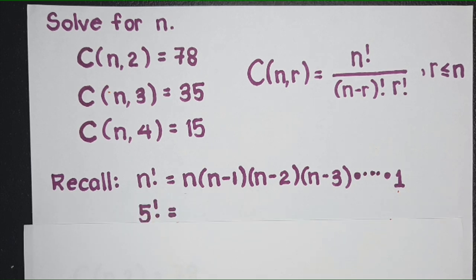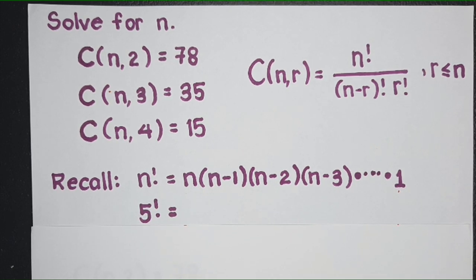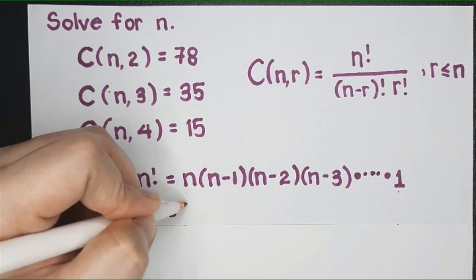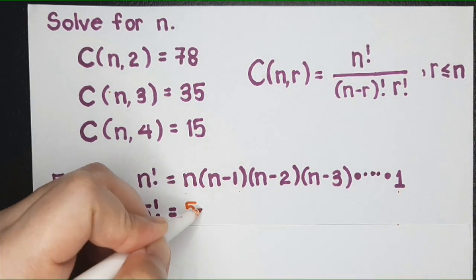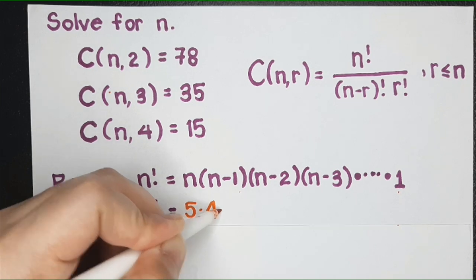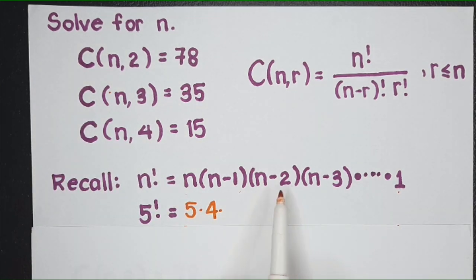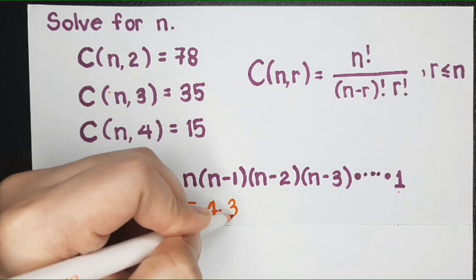For example, you have 5 factorial here. Kaya siya naging 5, 4, 3, 2, 1. Kasi tingnan nyo. Diba? N is 5. So, I'm going to write 5 here. Tapos, sabi sa sunod, 5 minus 1. So, that's why we have 4. And then, N minus 2. So, what is 5 minus 2? You'll have 3.